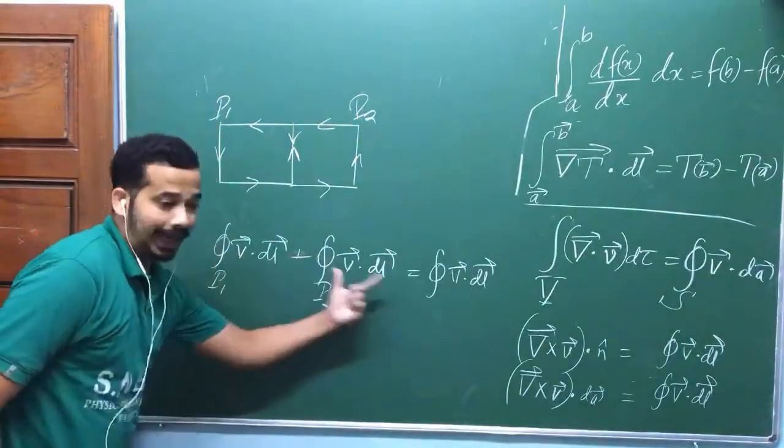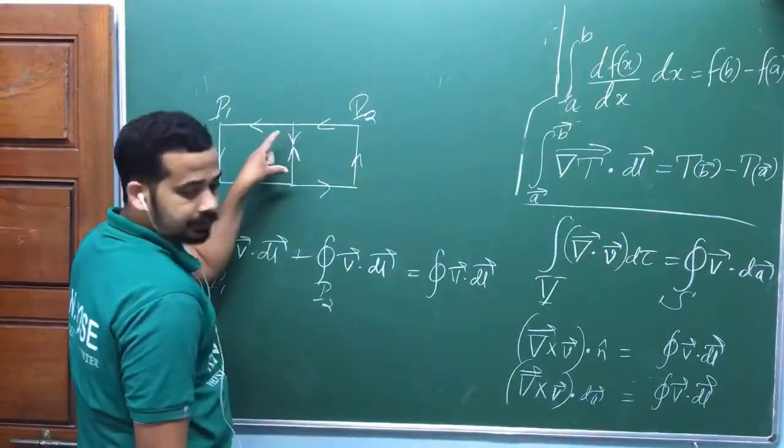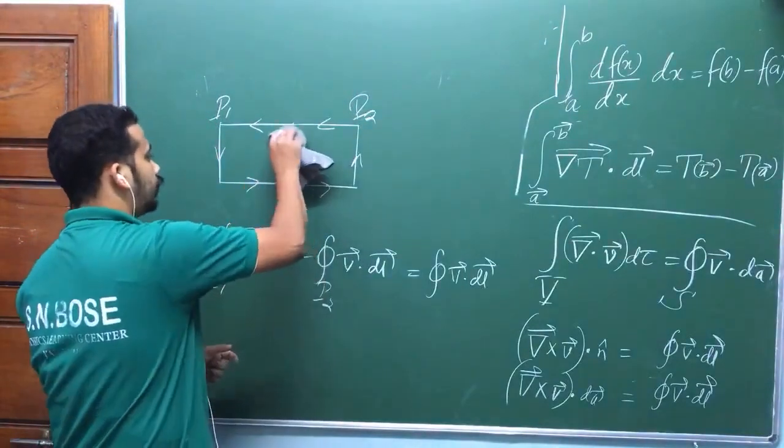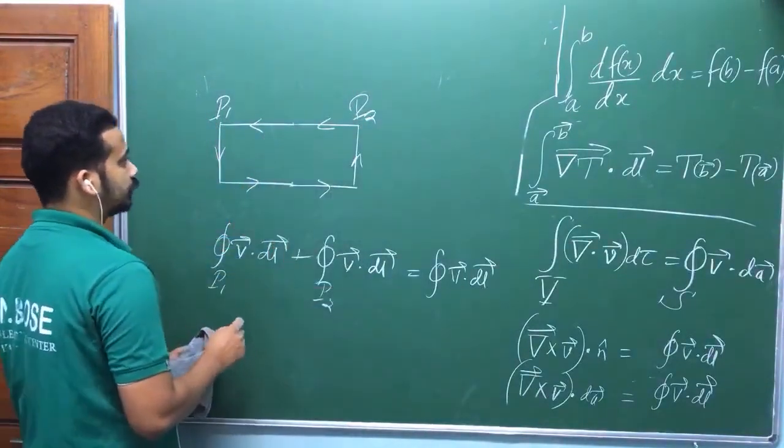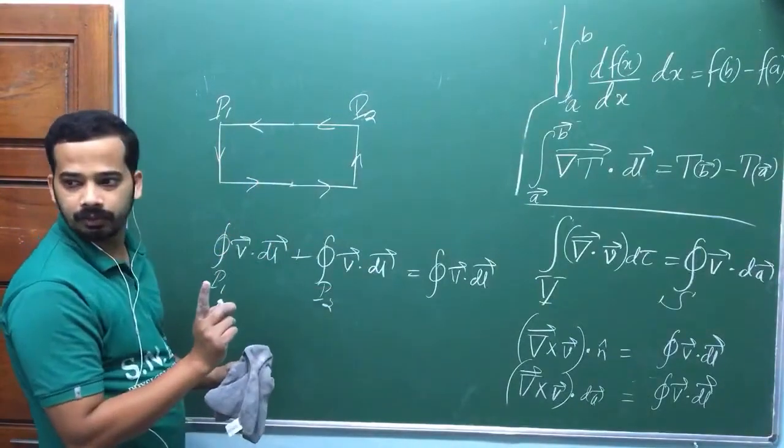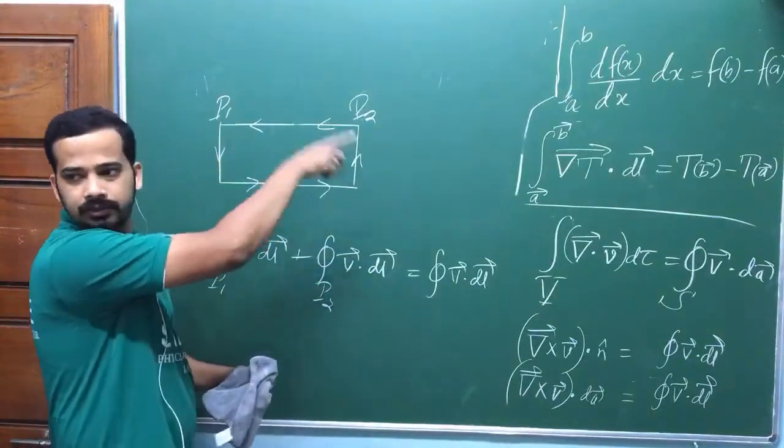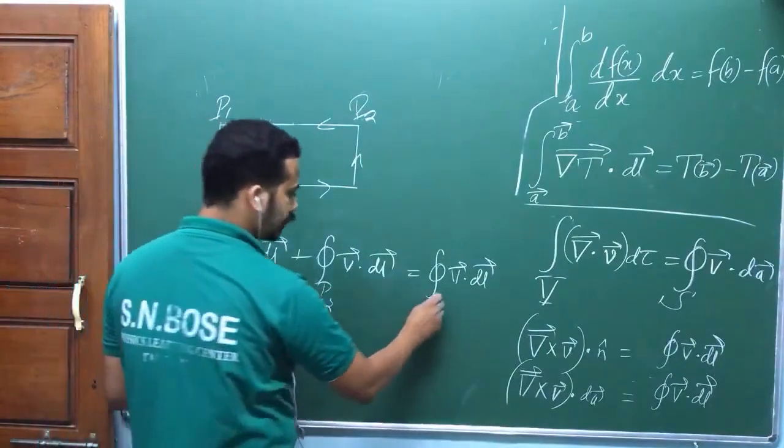If you add the line integrals, this common part of the line integral vanishes. As a total, you are finding the line integral of this path. That's not P1 plus P2, it is some other path. Can I write it like this, P?